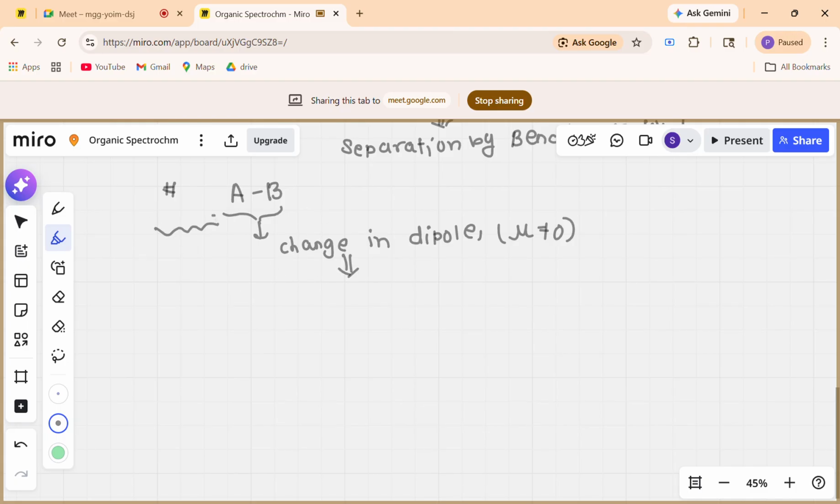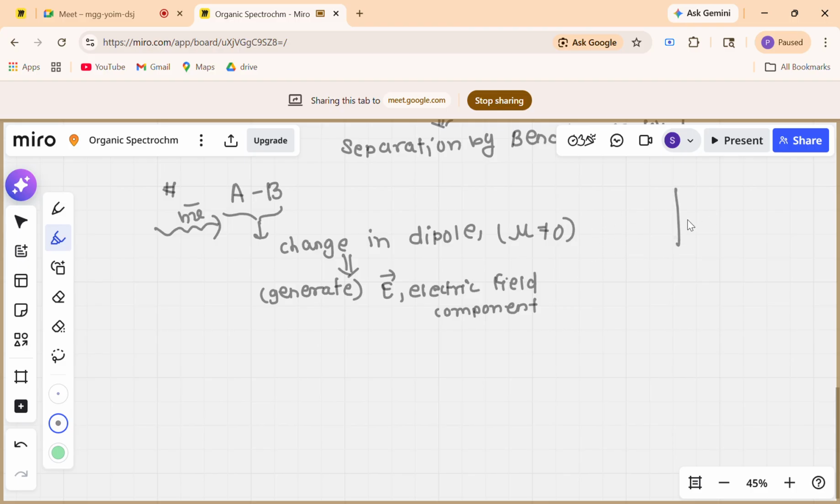Because of this change in dipole, when there is radiation on your molecule, because of the vibrational motion, it basically generates the electric field component, because the electron distribution or electron cloud will be changed, right? So that is a motion of the charge that basically gives rise to the electric field.